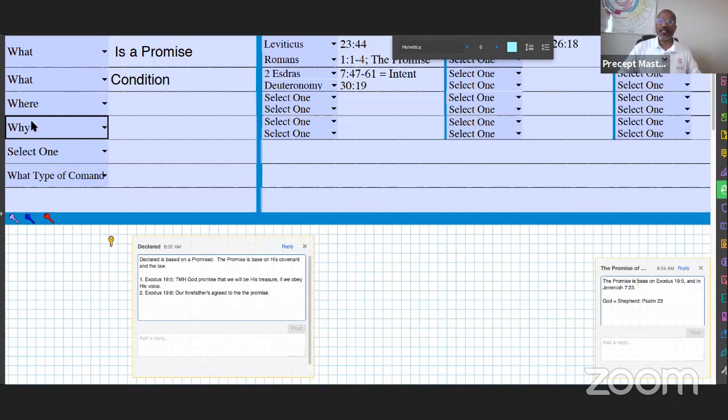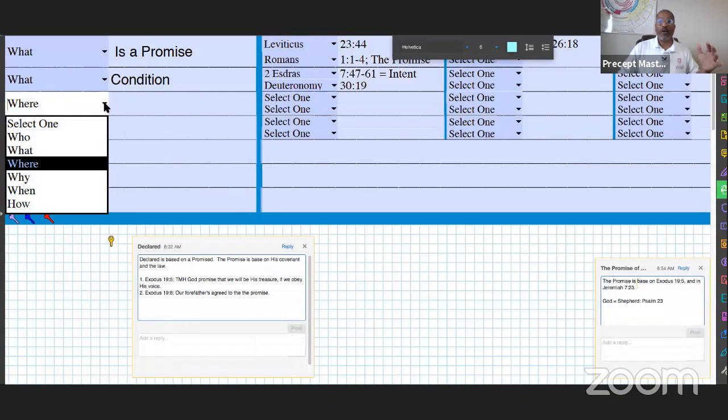So we need to see this. So the conditions. Now we got to sit there and see, and I'm putting in a couple of parts on what we need to do. So what is here? Who, what, where, why, when, or how? What should be there? If he's trying to persuade you, who?